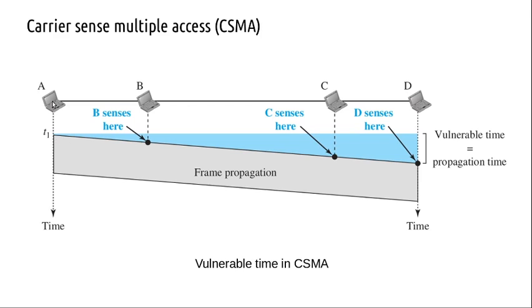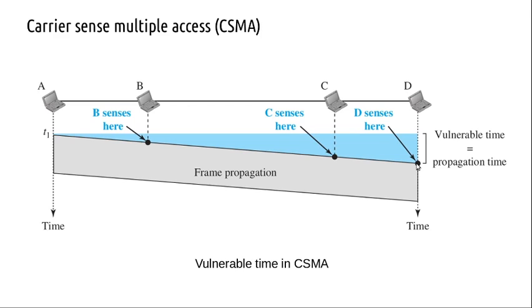Say if you take the case of node A, which is transmitting at time t1, it will take a time, say T subscript p, that is the propagation time through the LAN to reach node B. That is the maximum time.